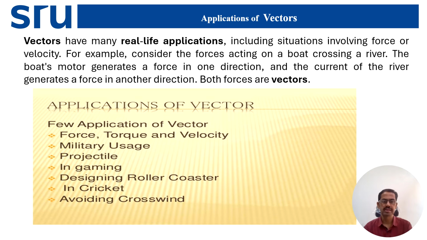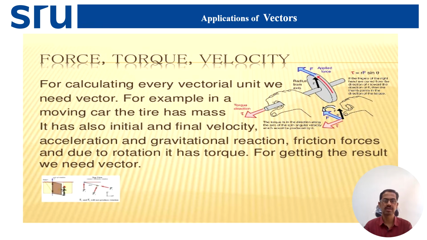Now we discuss elaborately one by one. First of all, force, torque, velocity. For calculating every vectorial unit, we need a vector, right? For example, if you take a moving car, the tire has mass.